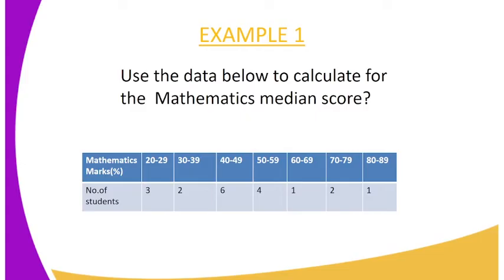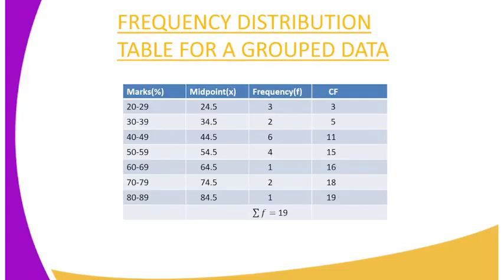1 student. You are supposed to come up with a frequency distribution table, and in this case the first column represents the marks, where you write the classes 20 to 29, and you proceed up to the last one, 80 to 89, and in the frequency column you indicate the frequency as indicated in the previous table.